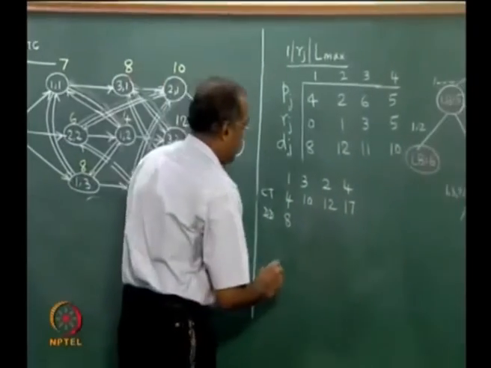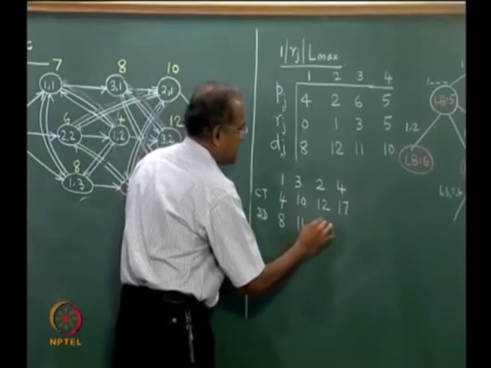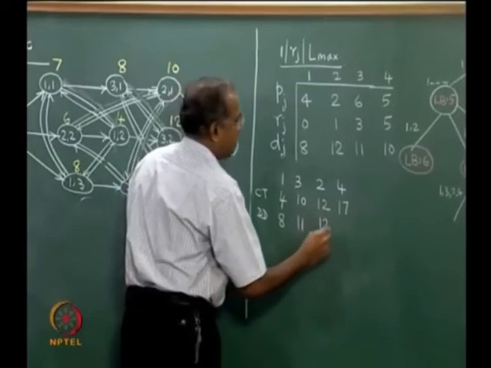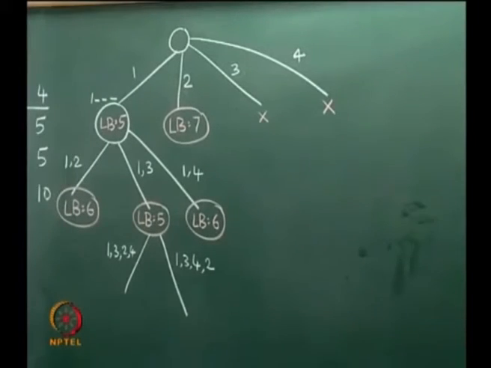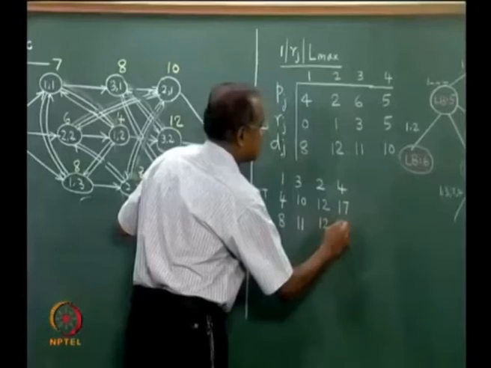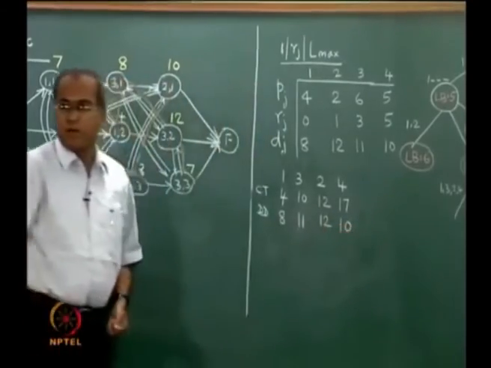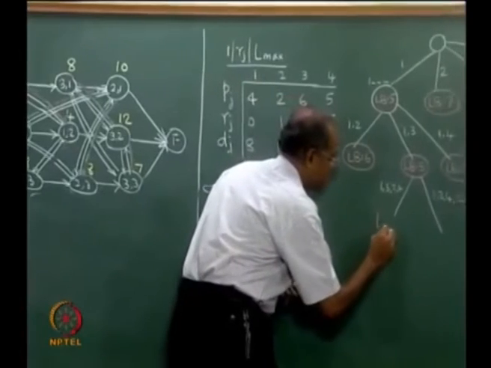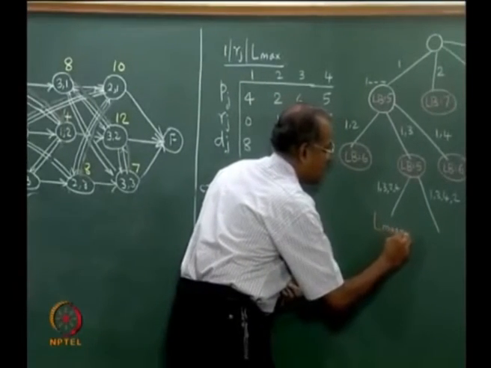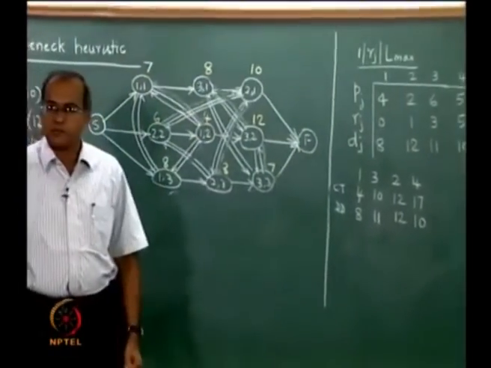Now, the due dates are 8 for job 1, for 3 it is 11, for 2 it is 12, for 4 it is 10. So, L max is equal to 7 for this sequence.